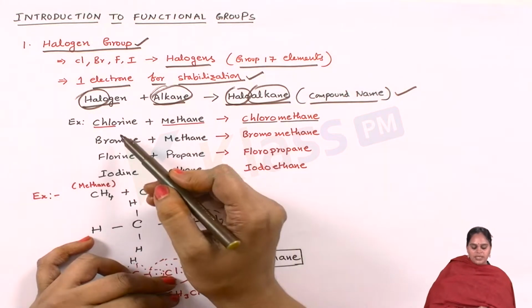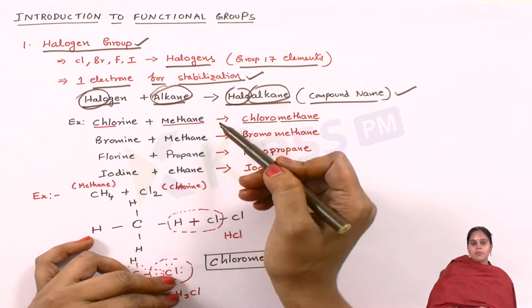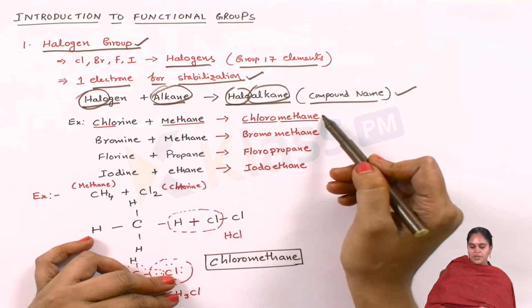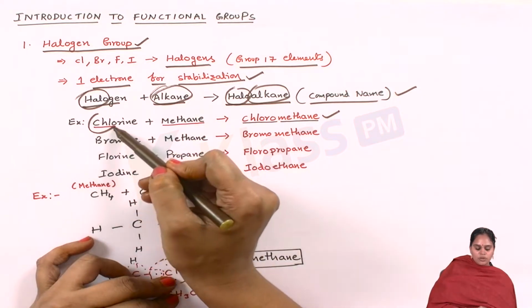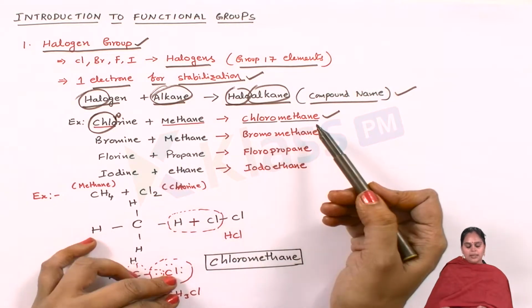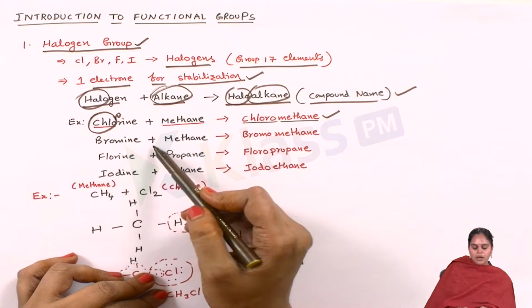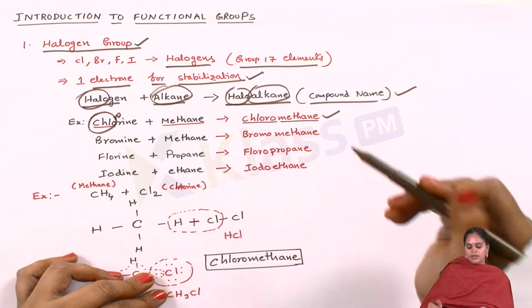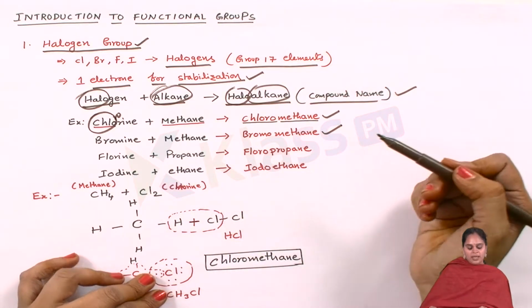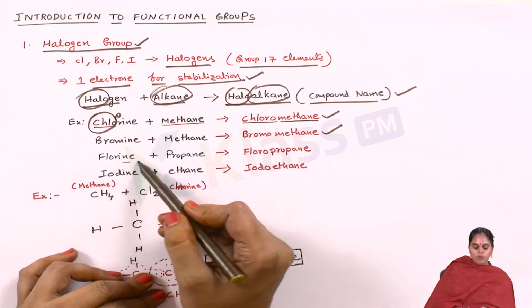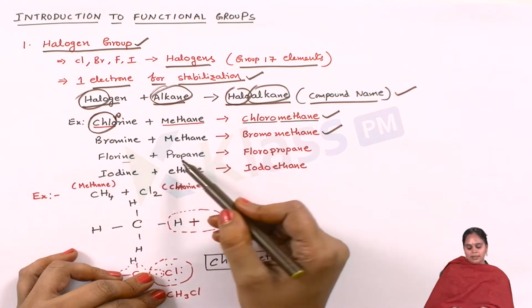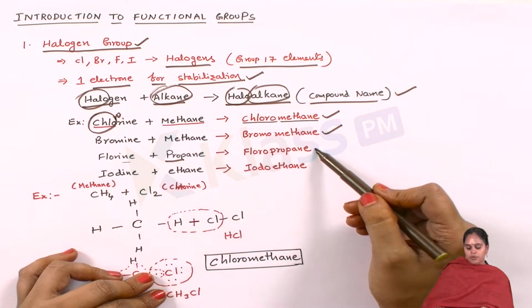For example, see here chlorine with methane. Chloromethane. Just now I told you chloromethane. What is the compound name? Chloromethane. In the same way, bromine with methane, what will it give? Bromomethane. In the same way, fluorine plus propane, what will it give?